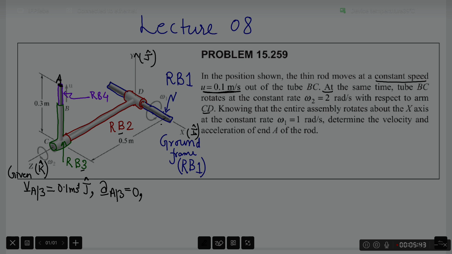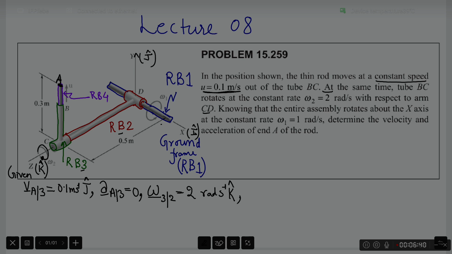So the second text statement is telling me that omega of 3 with respect to body 2 is 2 radians per second, and the direction of this vector has to be inferred from the curled arrow that is shown here on the figure itself. So the direction must be along k hat.